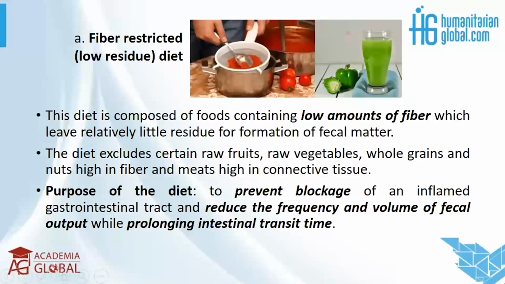So there are 2 ways in which we have fiber modification. We can have fiber restricted diets or low residue diets, or high fiber diet. So we are going to start with the way number 1 here, A, fiber restricted diets.